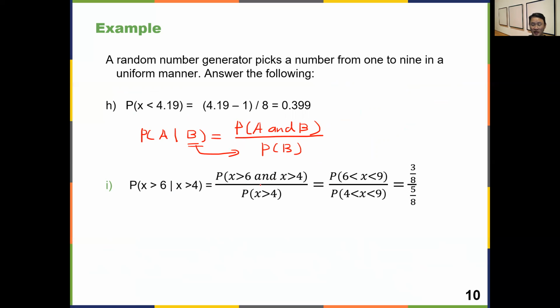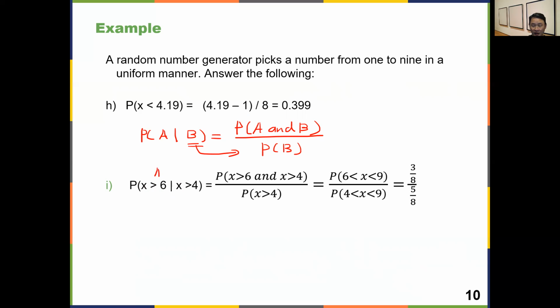So is that what we did? Look at this. This is our A part. This is our B part. Let me get rid of this, it's confusing. Let me write it right here.